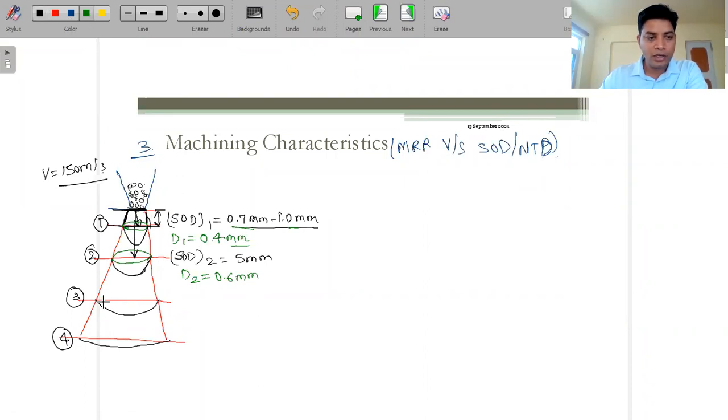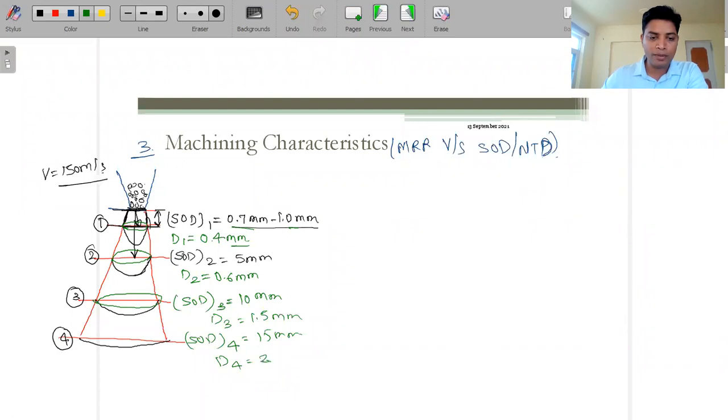The third case is when the SOD is increased to 10 mm, and this one is SOD equal to 15 mm. So this diameter will be 1.5 mm, and this D4 will be 2 mm.